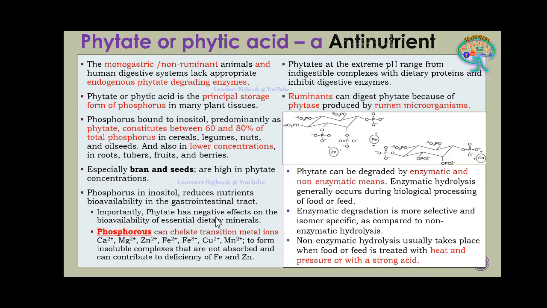Importantly, it is going to have a negative effect on the essential dietary minerals, where the phosphorus within the phytate is going to chelate with the transition metals. That is, it is going to make bonds with the transition metals. It is going to grab the transition metals into its fold, like calcium, magnesium, zinc, ferrous, copper, manganese, to form insoluble complexes that are not absorbed.